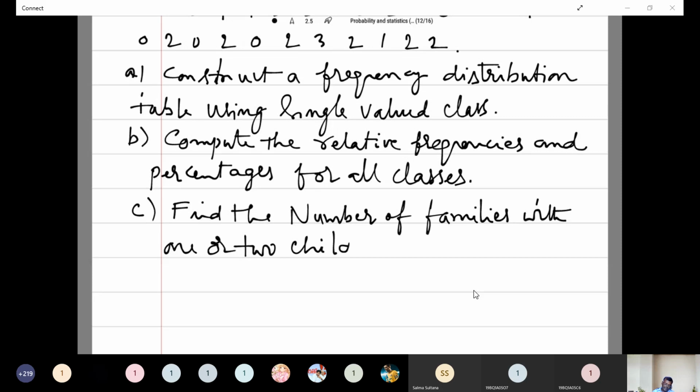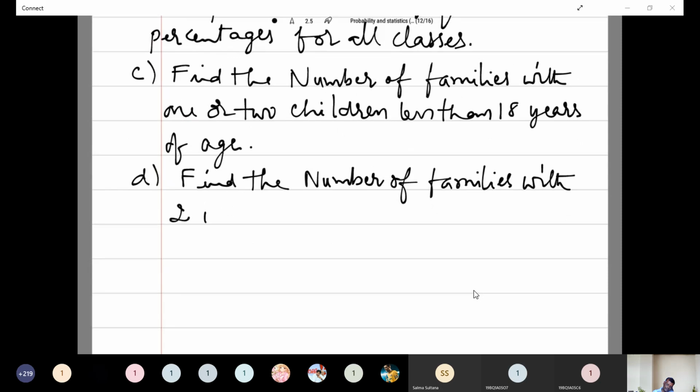D. Find the number of families with two or three children less than 18 years of age.